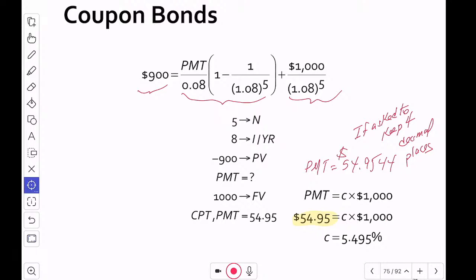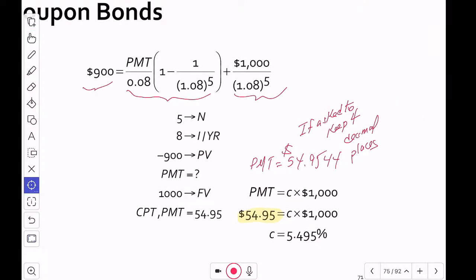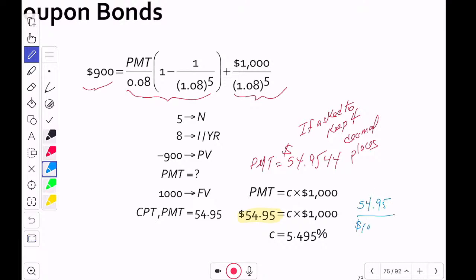So I would need to take 54.95 divided by 1,000 to find C. I make it a small c. So that's why C is this amount.